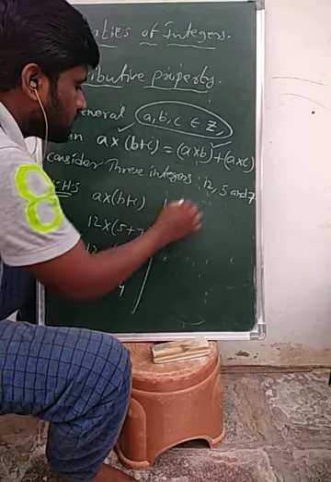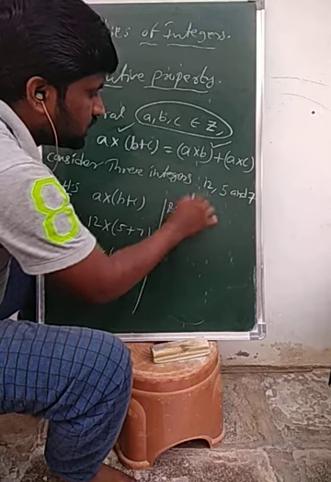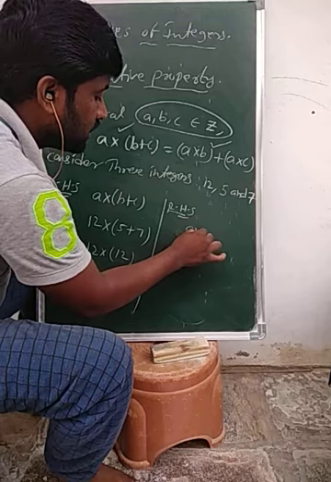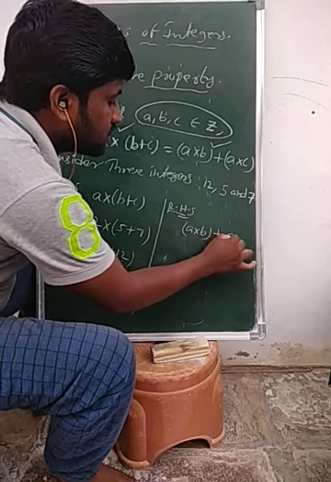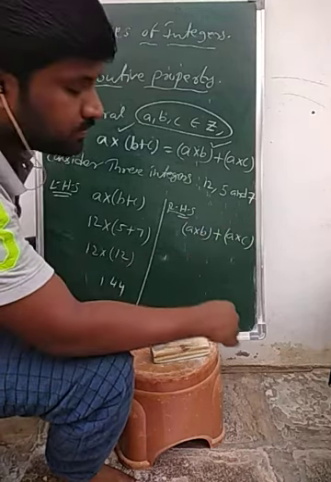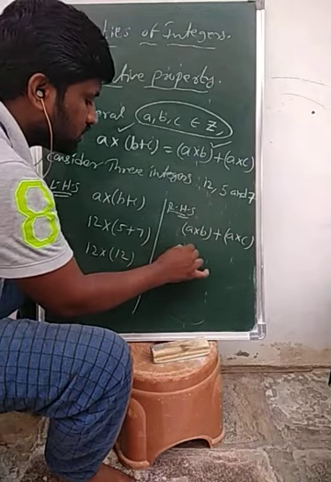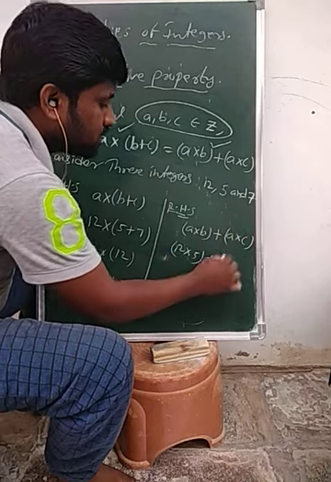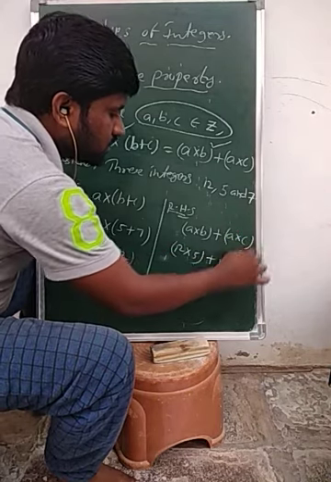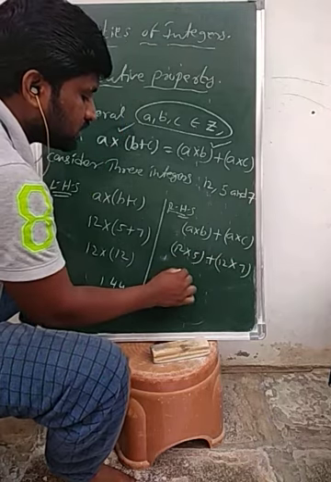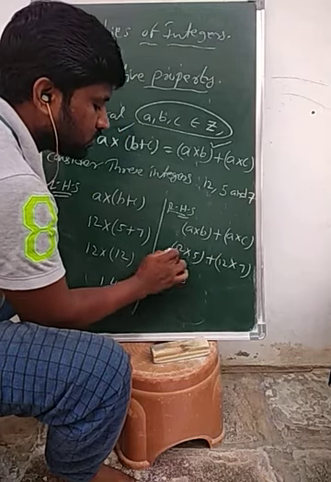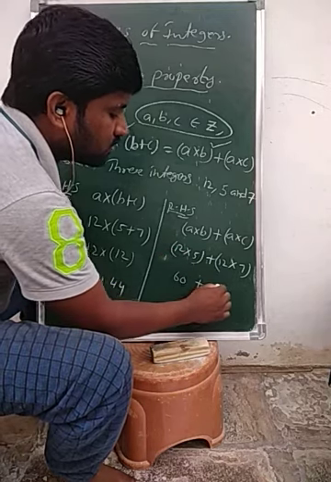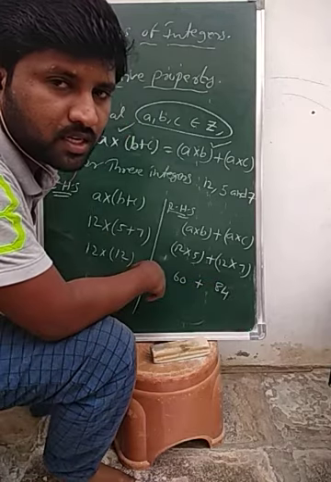Next, take the RHS part. The RHS part is a into b plus a into c. A means 12 into b means 5, plus a means 12 into c means 7. 12 5s are 60, plus 12 7s are 84.